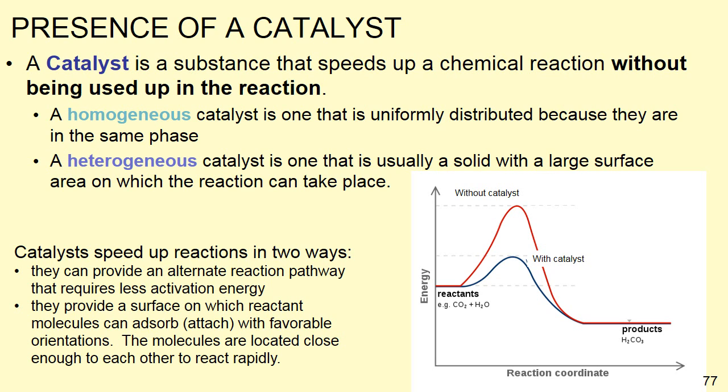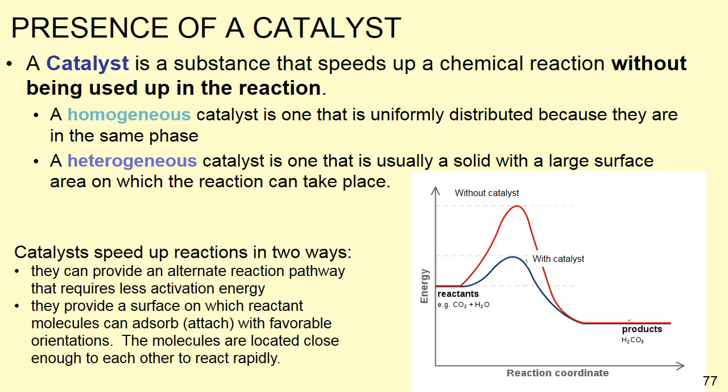So if you had a liquid reaction and you put a liquid catalyst in there, that would be homogeneous. A heterogeneous catalyst involves two different phases. Usually you have a solid with a large surface area placed inside a liquid, or a gas and a solid.